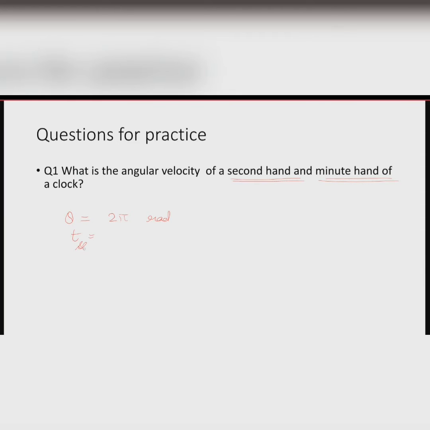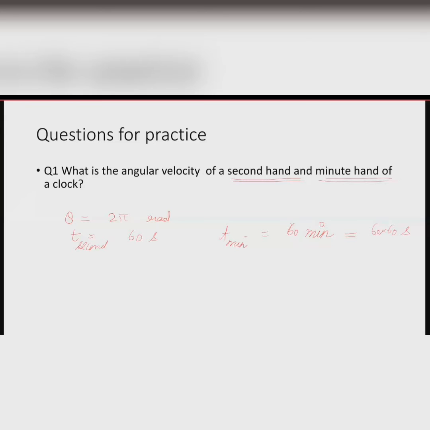For the second hand, it's going to be 60 seconds, and for the minute hand, it would be 60 minutes. It's going to take 1 full turn in 60 minutes. So that would be 60 into 60 seconds. Is it correct?